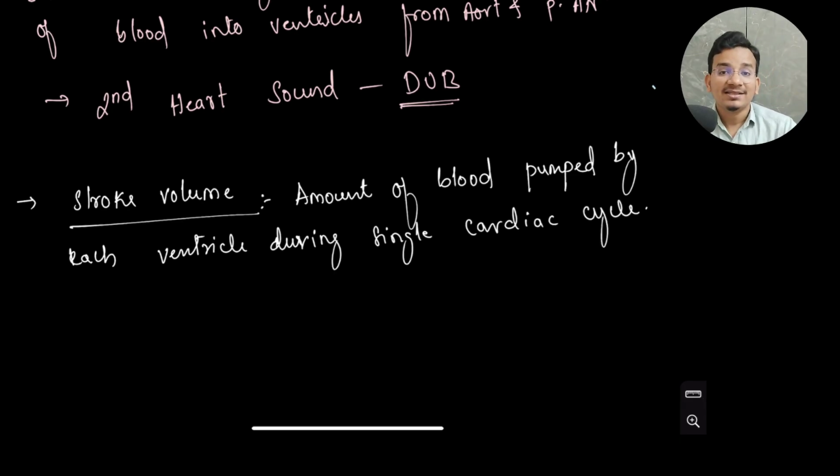Okay, so whatever blood is pumped by each ventricle in a single cardiac cycle is known as the stroke volume.